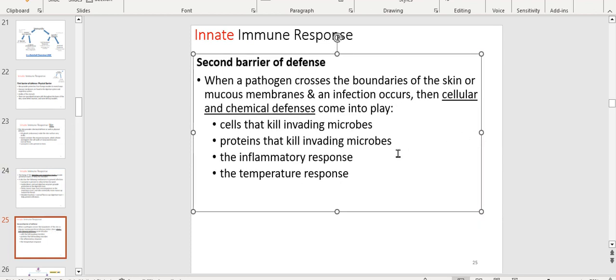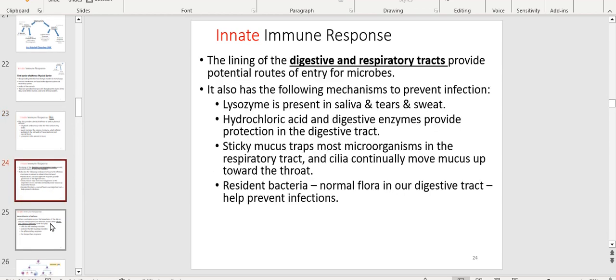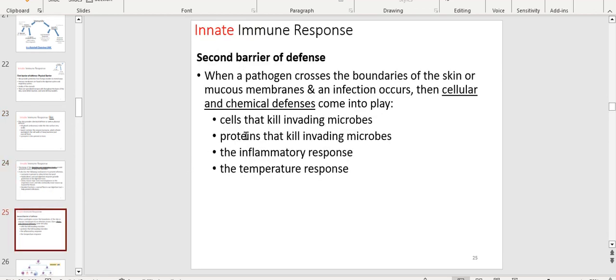Secondary barrier of defense: when a pathogen actually crosses the boundaries of the skin or mucous membranes, and an infection actually occurs, then cellular and chemical defenses come into play. With our first line of defense, nothing gets through the skin, the mucus, the lysozyme. It's non-specific. There's no infection, it's actually preventing an infection. But at the second barrier of defense, it looks like one of those bugs has broken through our first line.